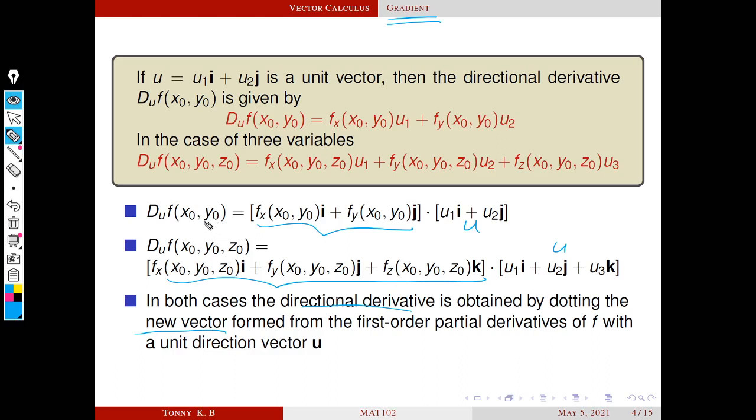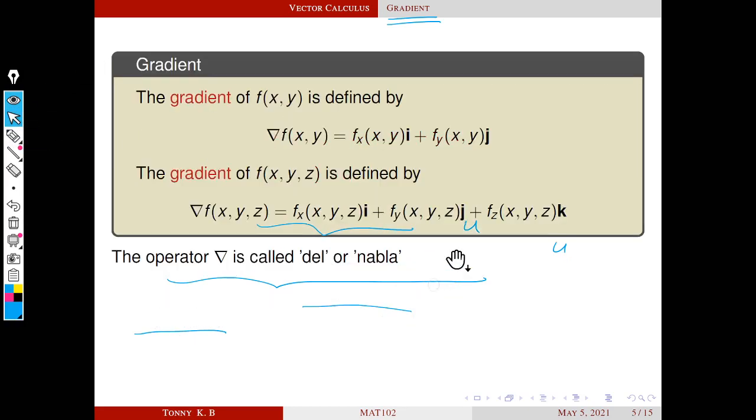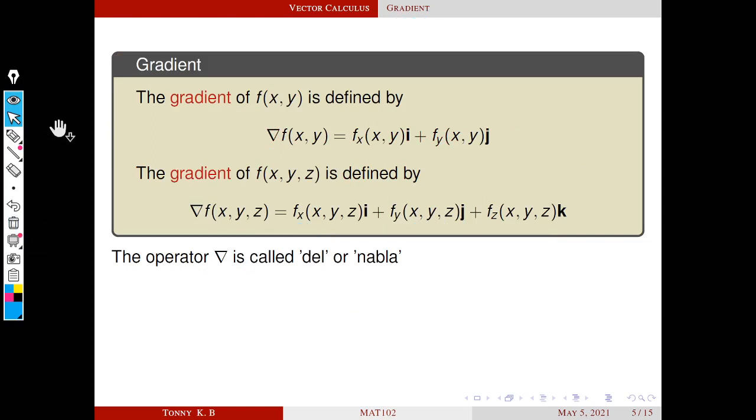If it is a general gradient, then we simply write fx(x, y) i plus fy(x, y) j. That's all. This is actually the gradient at a particular point, and this new vector is called the gradient. In the two-dimensional case, this is the gradient of f, and this is the gradient of f in the three-dimensional case at a particular point. Now we are ready to define the gradient formally. This is the formal definition of gradient at an arbitrary point.